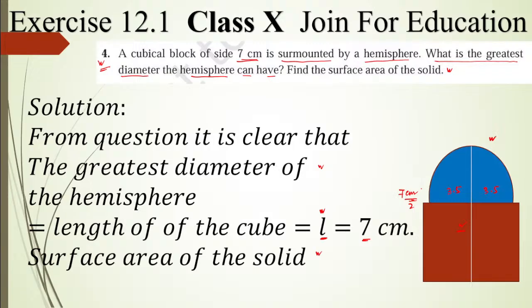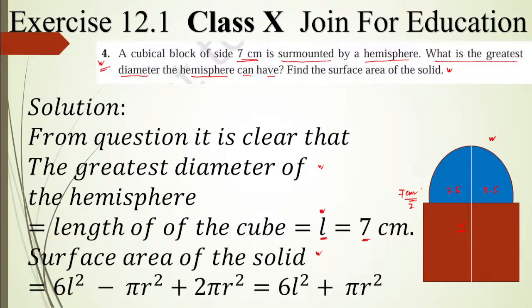Surface area of the solid equal to, here will be total surface area of the cube, minus we subtract this circular part, which is pi r square, plus 2 pi r square, this is the CSA of the hemisphere.